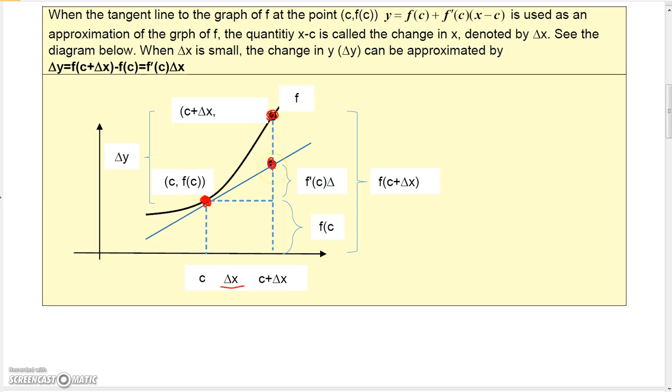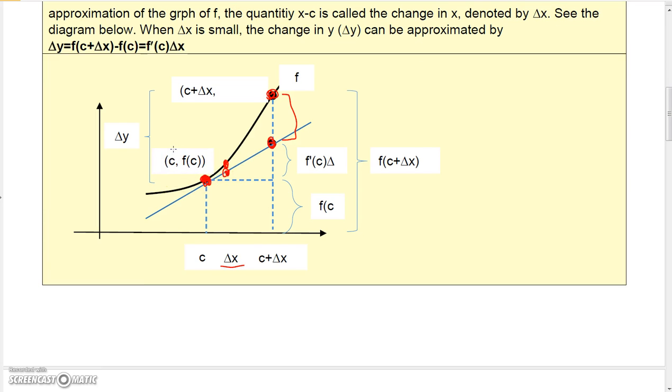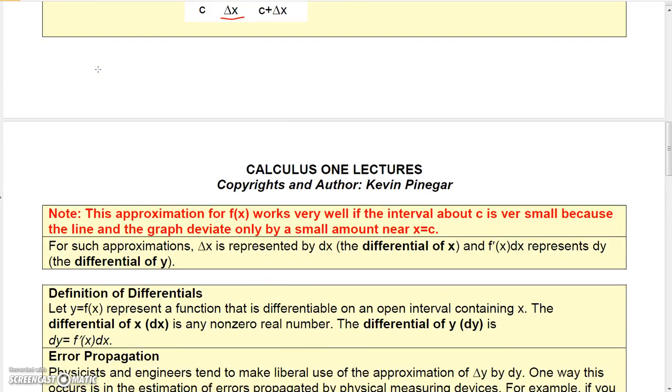So the linear approximation will give you a value near the actual value, but you can see there is some error between here and here that you're going to get because of the separation between the function and the tangent line. But if you got closer, if you made delta x be very small, like right here, and you tried to approximate that value with this value on the tangent line, then of course you would see that the error actually would become very small. So that's why when you use this, you want to use values that are close to the number c that was used to generate that tangent line equation.